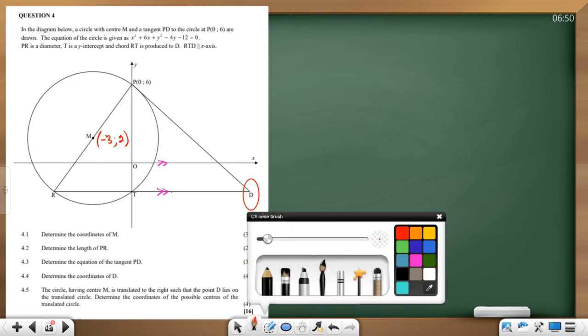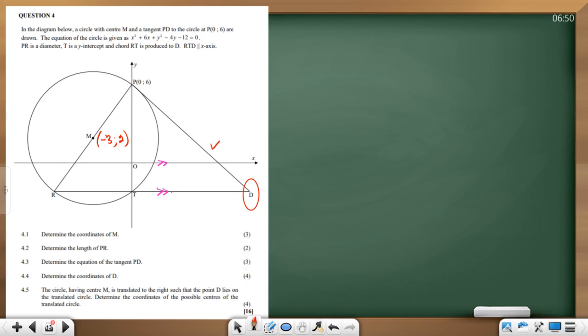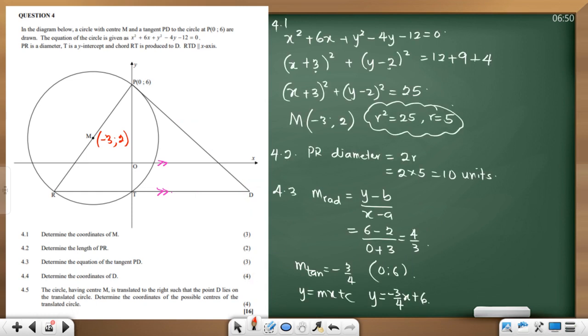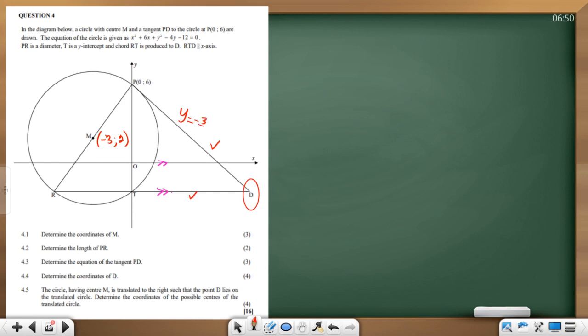Between the tangent and this. And we know the equation of the tangent already. We said y is equal to, what did we get? Negative 3 over 4x plus 6.